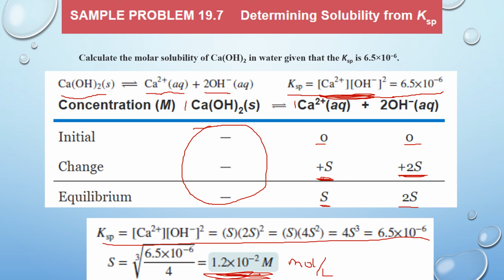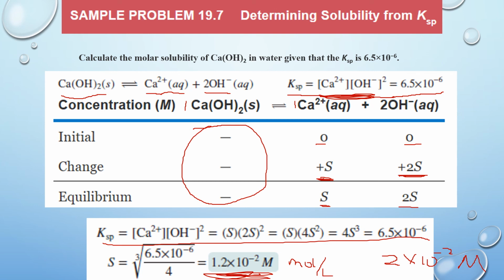Again, in this example problem, we're assuming that the only possible dissolution product is the metal cation and the hydroxide. But if you do the experiment, you're going to find that the molar solubility is around 2 times 10 to the negative 2, which is higher than what we calculate.